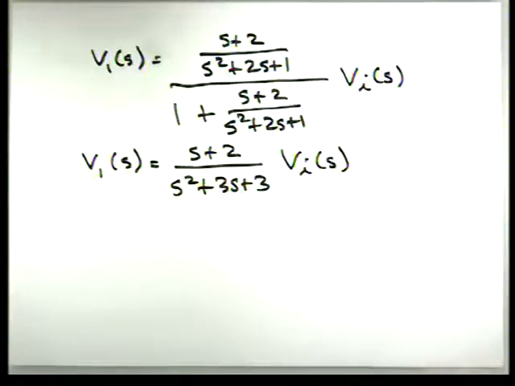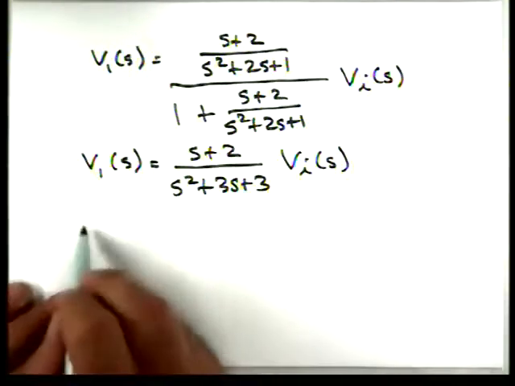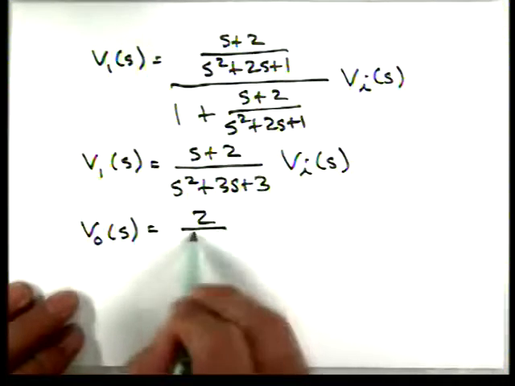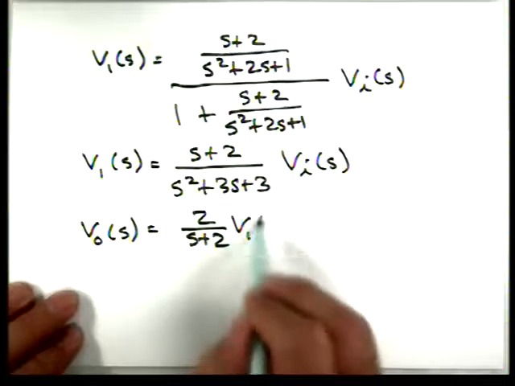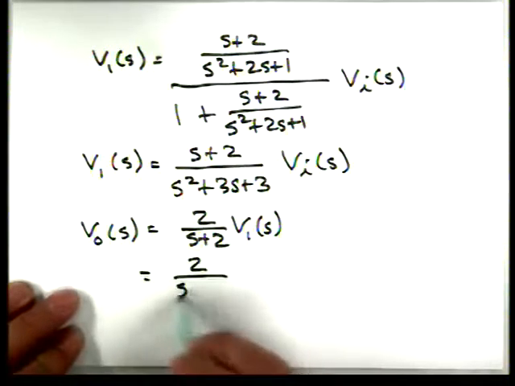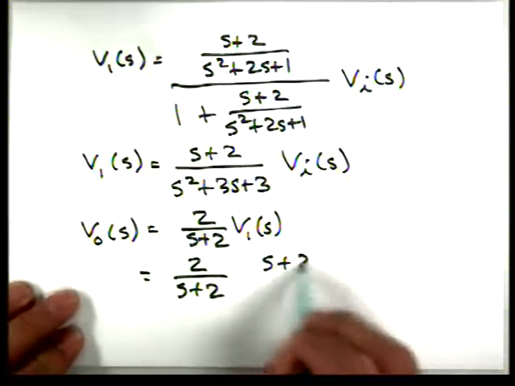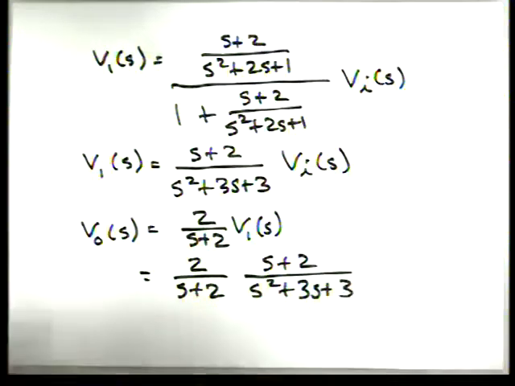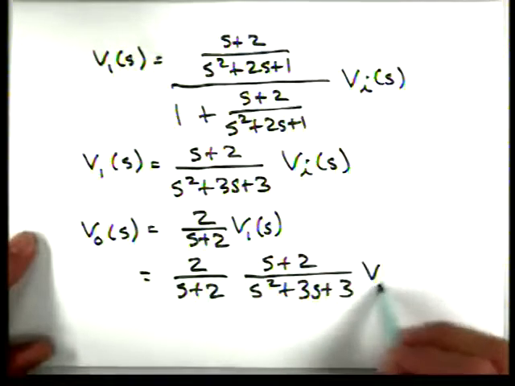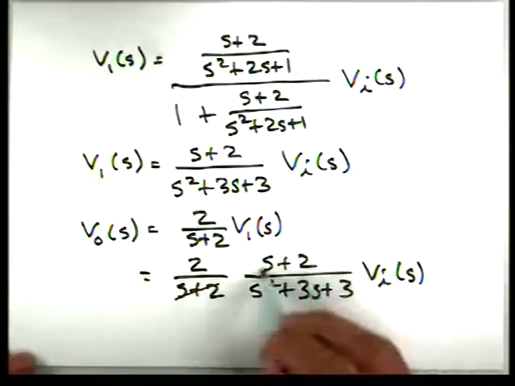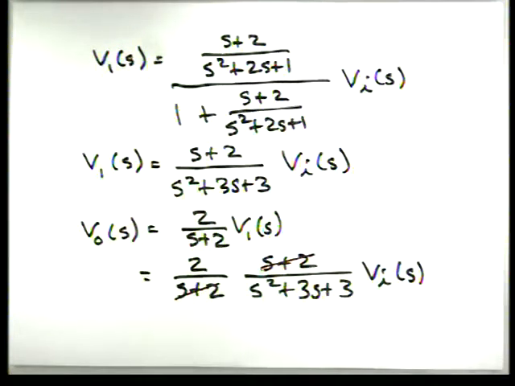So now V0 of S is 2 over S plus 2 times V1, which is 2 over S plus 2 times S plus 2 over S squared plus 3S plus 3 times VI of S, and obviously those two terms cancel out.